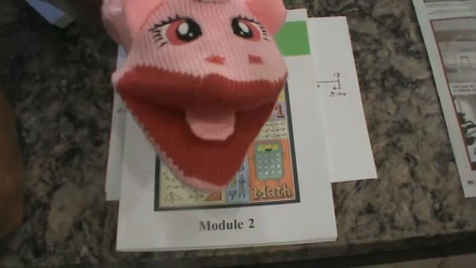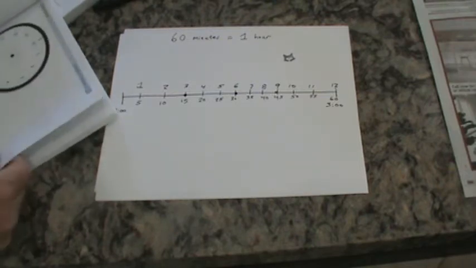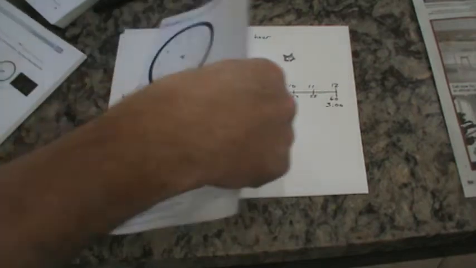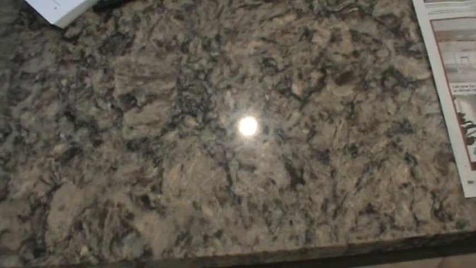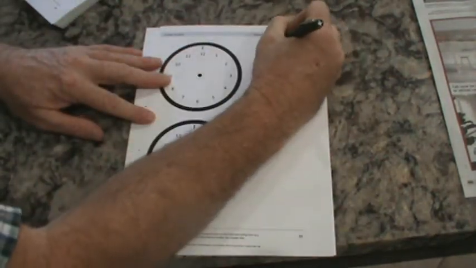I hope so. Okay, so get out your problem set and turn to page 55. Your template is on page 55. You could tear it out if you like, but it's probably a little easier to work on with it torn out. And this is indeed page 55.